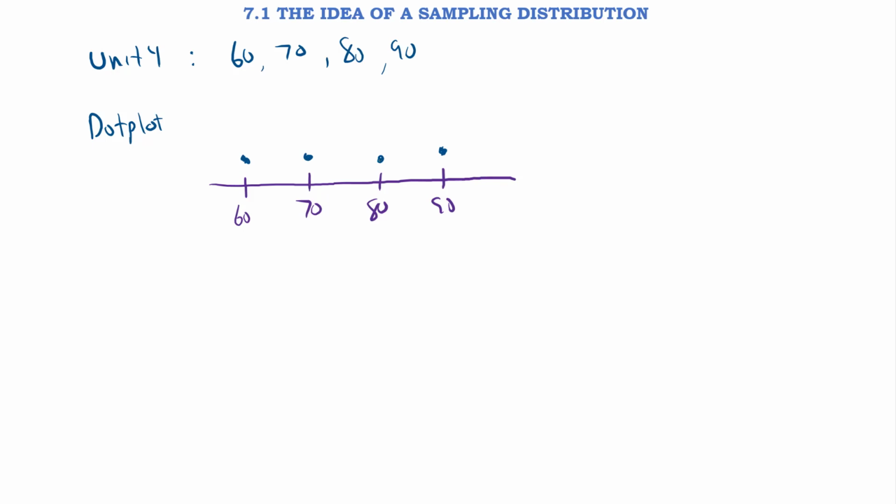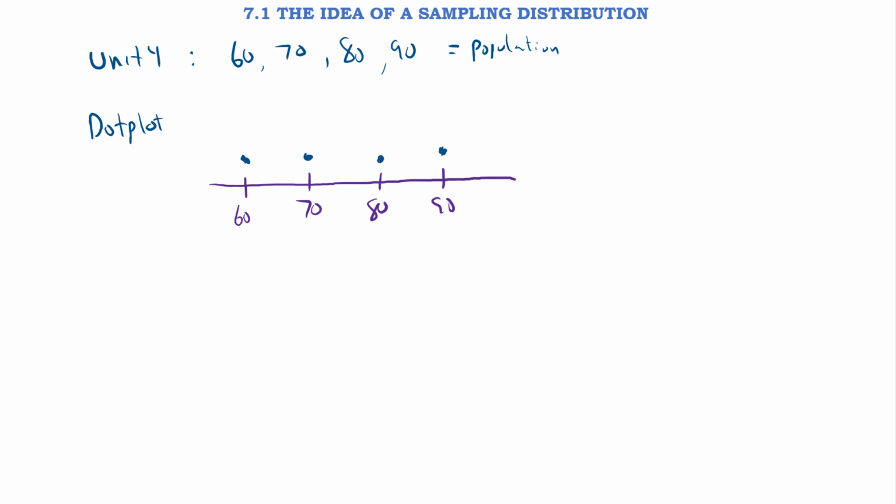So now, let's say we took a sample of any two of these scores, and we need to find a mean. So again, this is our population, right? These four are our population. Okay? So let's say we just take two scores and then find a mean.